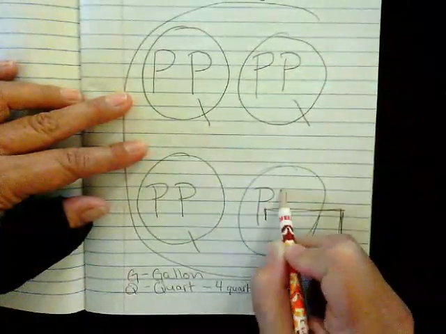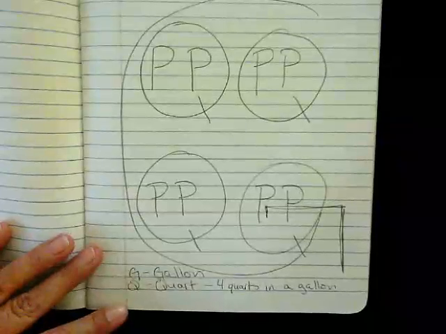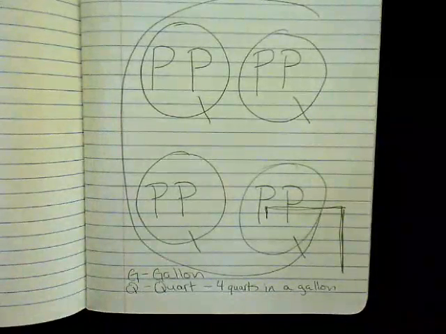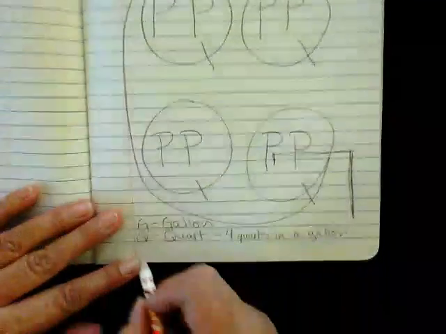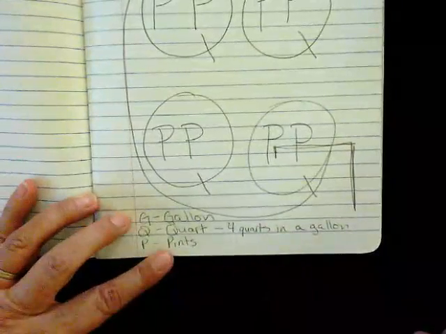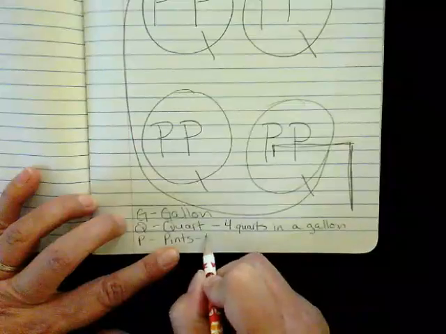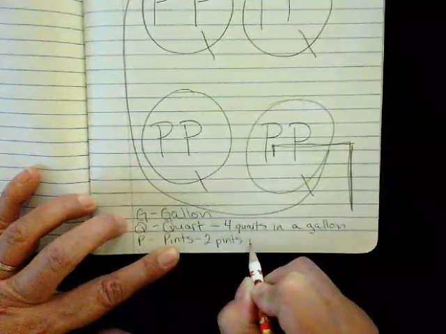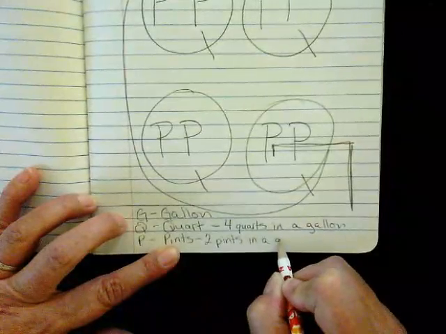There are 2 pints in each quart. In the last video, you saw me pour the 2 pint jars to equal a quart jar. So P stands for pints. There are 2 pints in a quart.